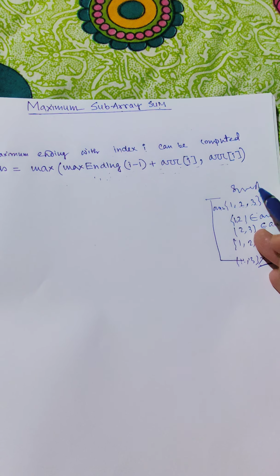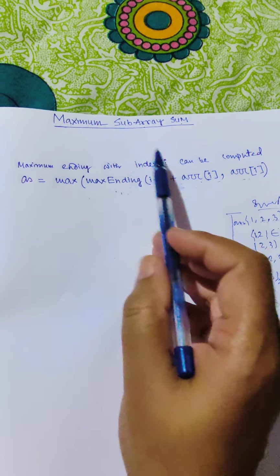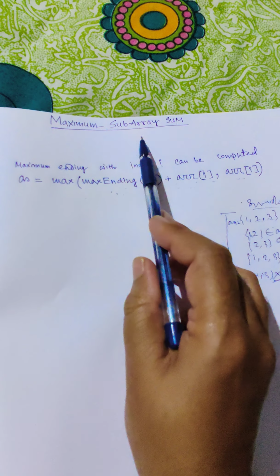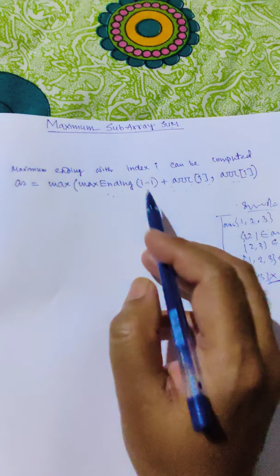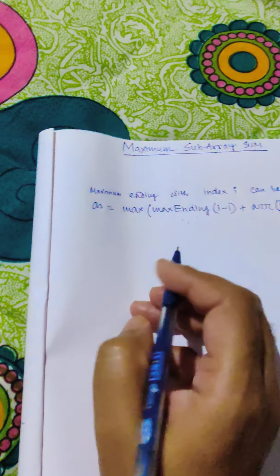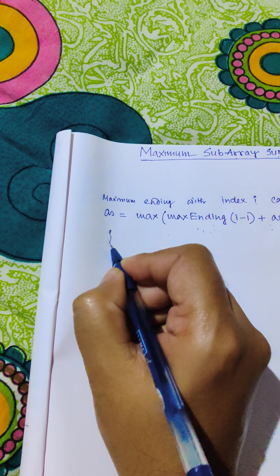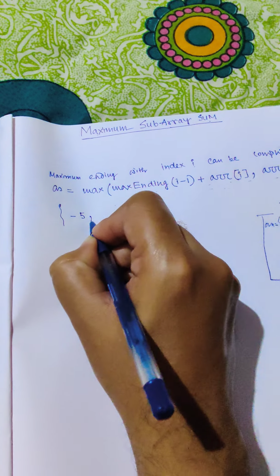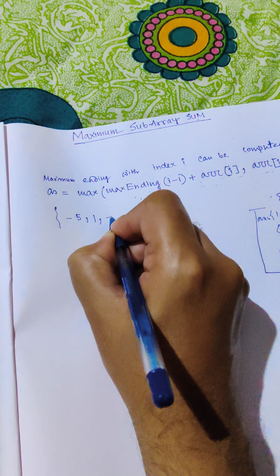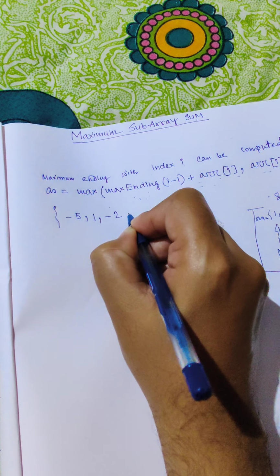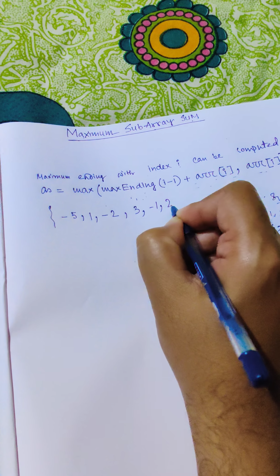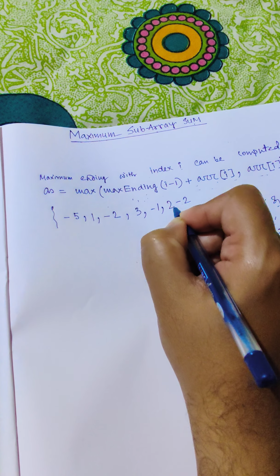Okay, that's fine. Now let's come back to the problem statement. We have to find this maximum summation of a subarray. For example, we have an array like this: -5, 1, -2, 3, -1, 2, -2.